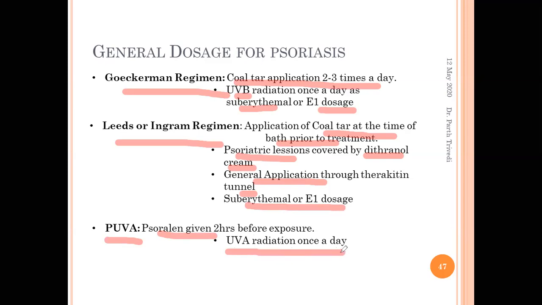Generally E1 dosage is given and at most E2 dosage. If you are giving E1, you can give it almost daily, and if you are giving E2, you can give it on alternate days. So very important: coal tar application 2 to 3 times a day with suberythemal dosage; here also suberythemal dosage but with inclusion of dithranol cream; and here psoralen is given.